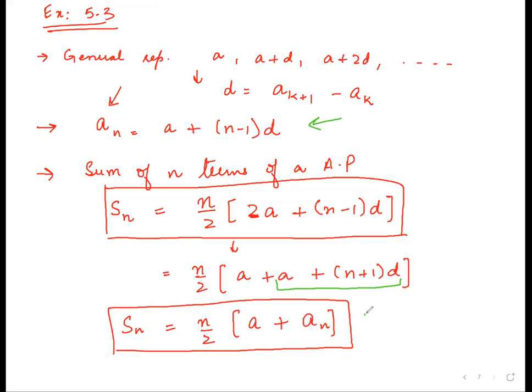Now, if you have a finite AP, for example, if I give you 2, 4, 8, and then I give you some last term, 24, a finite AP. So that means the last term is given.